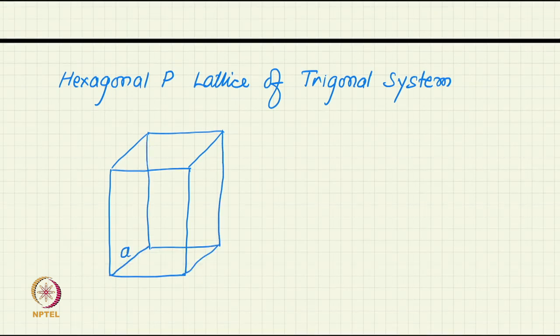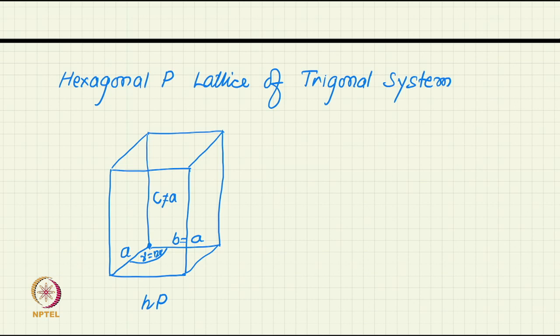So, you have a rhombus with A equal to B, the angle between them is 120 degrees, and you have the height of the prism C, which is not equal to A. This gives you the unit cell of the hexagonal P lattice.